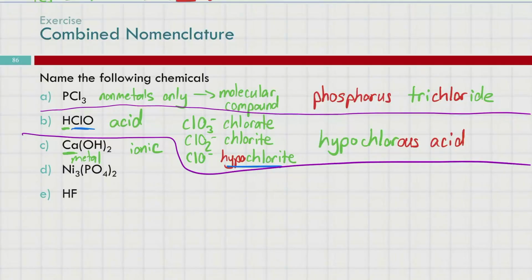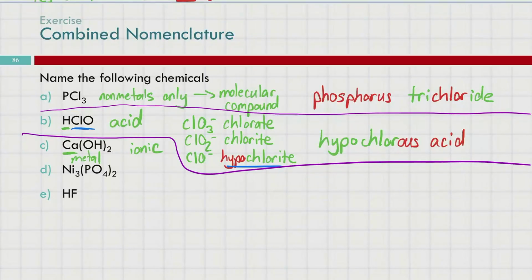How about this? What's the charge on calcium? If calcium's an ion, what charge does it have? 2 plus. Is it ever going to be anything other than 2 plus? It's not. We know that it's 2 plus because it's one of our main group elements, right? It's in our alkaline earth metals. It's not in our transition metals. So it's always going to be calcium 2 plus.